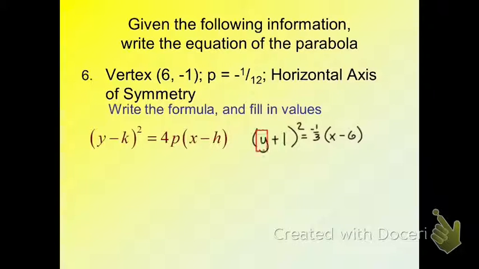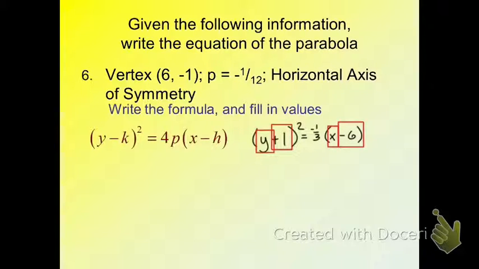Wherever this y is, that is the y value of the vertex. If that is x, that's the x value of the vertex. And I could switch the whole equation. I could have negative 1/3 times x minus 6 equals y plus 1 squared, and it's still right. So it's not what's first and second, it's where the x and the y are.